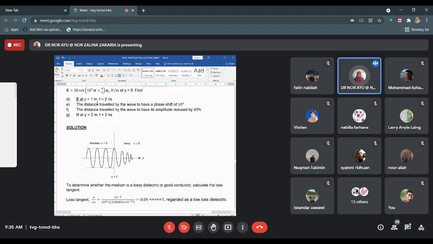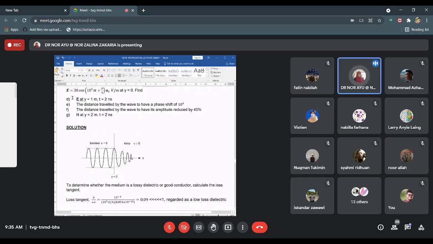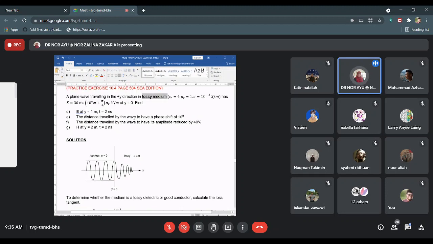Alright, so the first one, you need to find E at y equals 1 meter and t equals 2 nanoseconds. Okay, so first, if the question is a lossy medium, the first thing you need to do is find the loss tangent, because you want to determine whether it is a good conductor or a lossy dielectric. So the first thing to remember for a lossy medium question is to find the loss tangent.